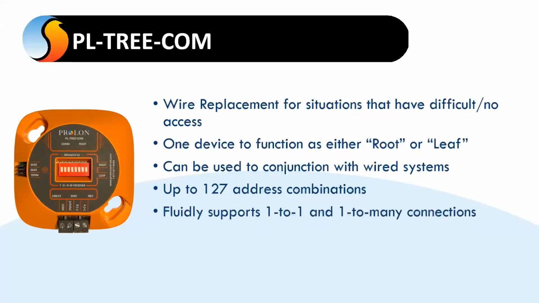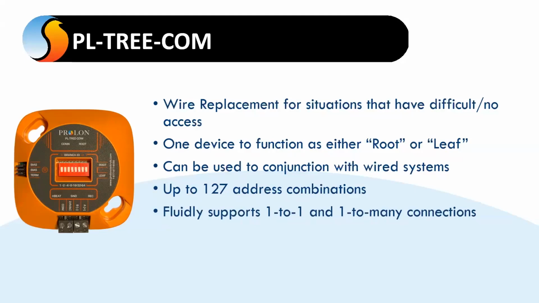Easily supports one-to-one and one-to-many connections. So say I have a network controller and I've got 5 rooftop units out in a warehouse. And with all the shelving out there, I really can't get a lift through to pull wire, but I can get a basket here and I can go up.